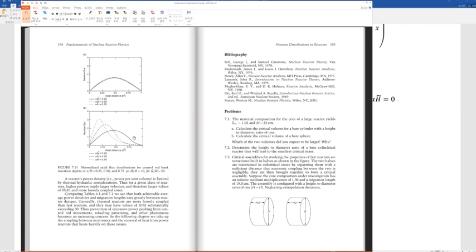So in the upper part, the neutron flux will be affected, while the lower part will not be significantly affected. On the other hand, the neutron flux in this area actually increases. So this is the case of a loosely coupled reactor core.